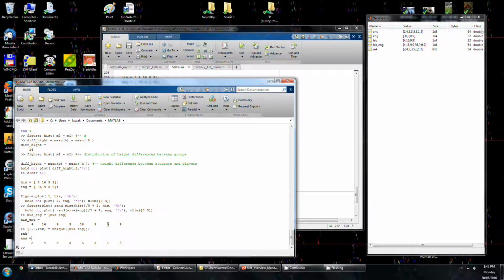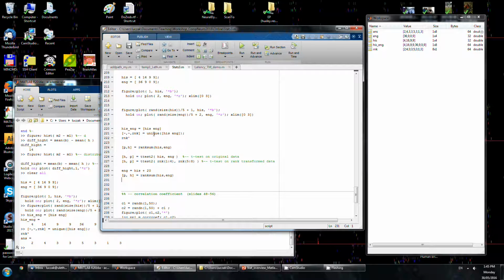So 0 has rank 1, 4 is the second lowest number so it is converted to 2, and 36 is the highest number so it was converted to rank 5. If some numbers are of equal value, they will have equal rank. So this is how we can convert things to rank.